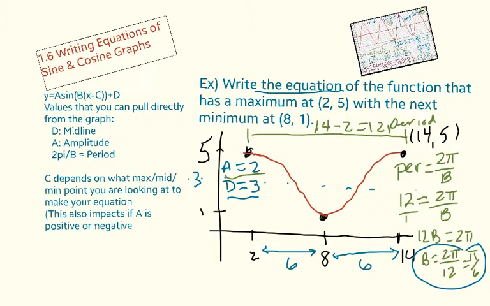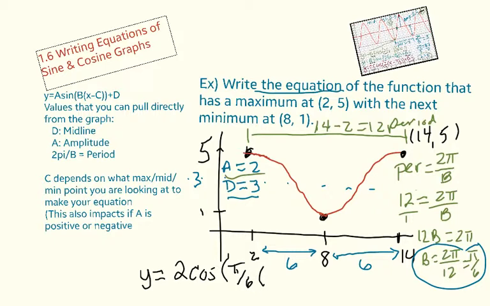Instead, I'm going to say y equals, so let me go to black on this, y equals the A value, which we said was 2. It's starting at a maximum, so it's positive. It's starting at max, so it's cosine. The b value we said was pi over 6, so I'm going to put pi over 6 into my b value.